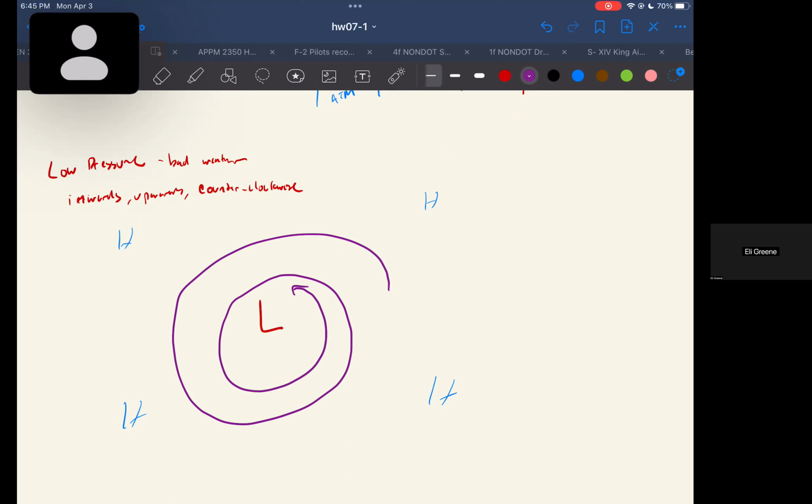So it'll move counterclockwise and it'll push into the low pressure. Because it's pushing in, it's going to start pushing air up, because there's air getting pushed into that center part and it can't go down, so it has to push up. We'll talk more about why upwards moving air is bad in just a second. So just hold on to that thought, but understand low pressure is bad weather for now.